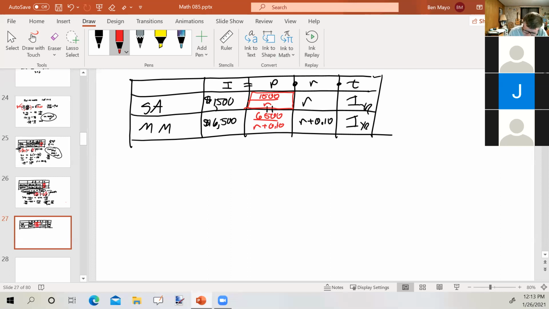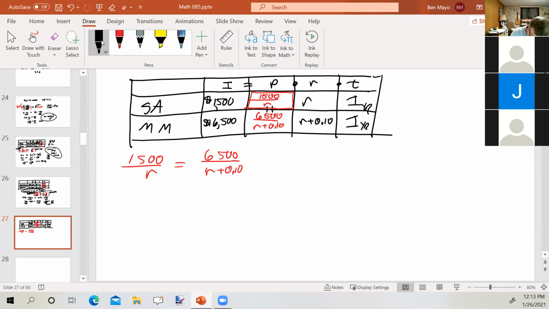Okay, so our equation becomes 1,500 over R equals 6,500 over R plus 0.10. Okay, because the principals are equal.